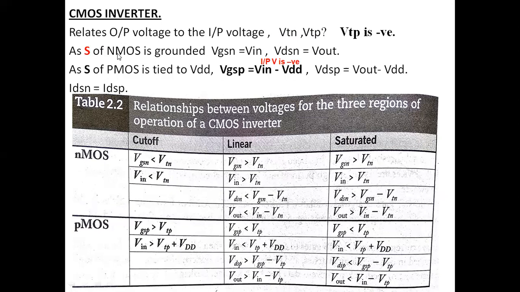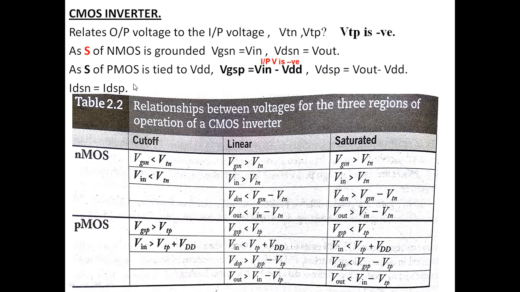As the source of NMOS is grounded, VGSN is equal to Vin and VDSN is equal to Vout. You can see these equations in the circuit. As the source of PMOS is tied to VDD, VGSP is equal to VG minus VS, where VG is Vin and VS is VDD, and VDSP is VD minus VS, where VD is Vout and VS is VDD.